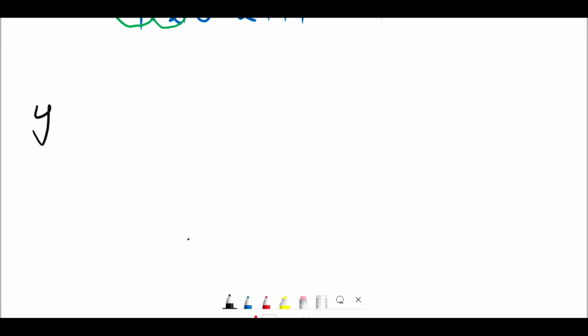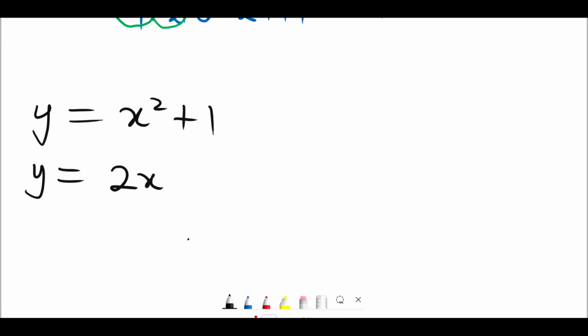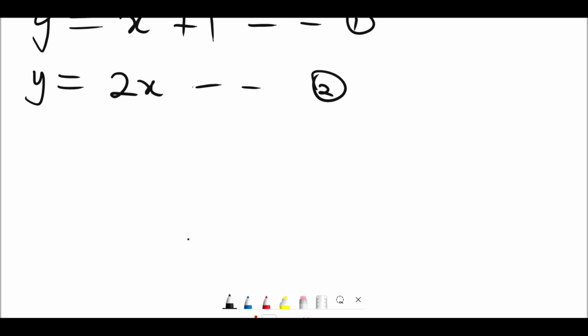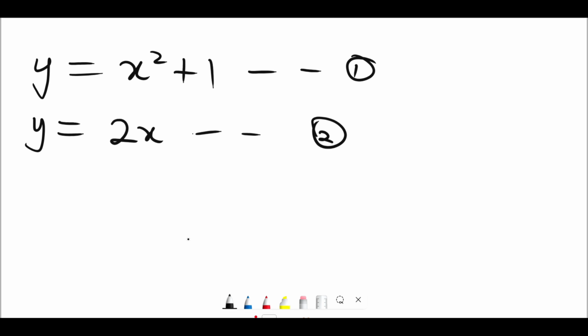So we have our first function, y = x squared + 1, then another one, y = 2x. We can name this one equation 1 and this one equation 2. Two things that are equal to the same thing are equal to what? Each other.